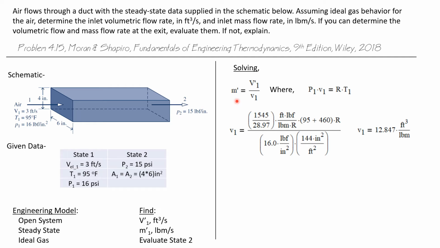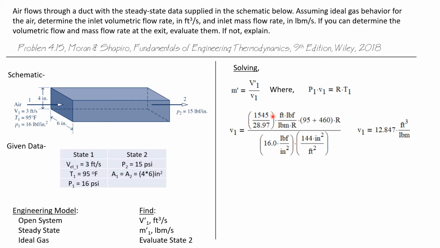We know the mass flow rate at the entrance is the volumetric flow rate divided by the specific volume. And we can use the ideal gas law to find specific volume, and it simply says P1V1 is RT1. So let's rearrange and solve for specific volume at state 1.